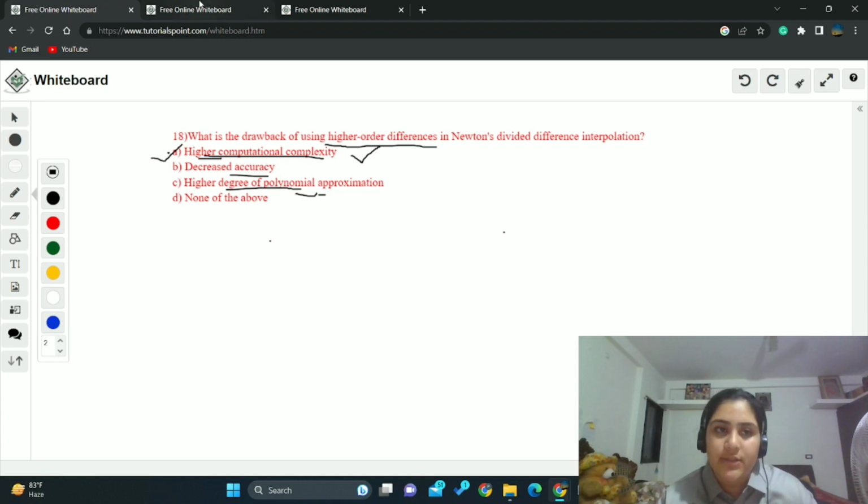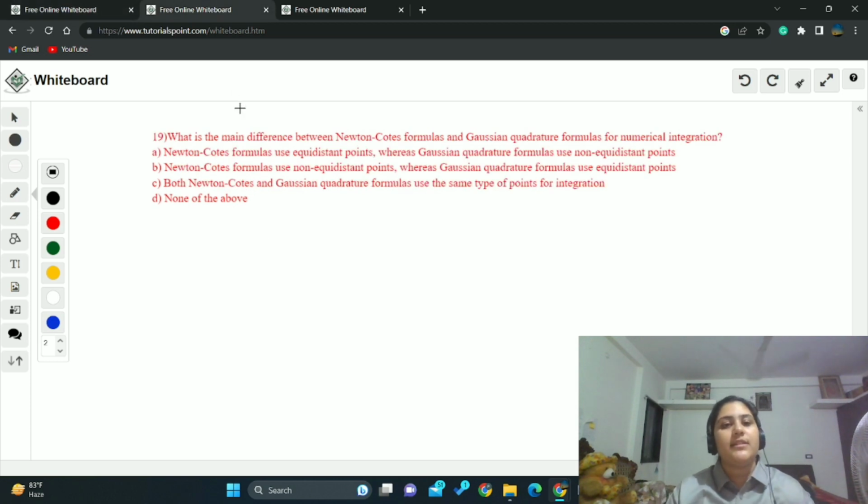Coming to the next question, what is the main difference between the Newton-Cotes formula and Gaussian quadrature formula for numerical integration? The options are A, the Newton-Cotes formula uses equidistant points, whereas the Gaussian quadrature formula uses non-equidistant points. B, the Newton-Cotes formula uses non-equidistant points, whereas the Gaussian quadrature formula uses equidistant points. The option would be A. A is the correct option.